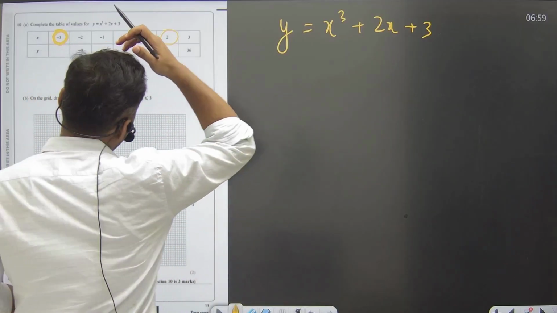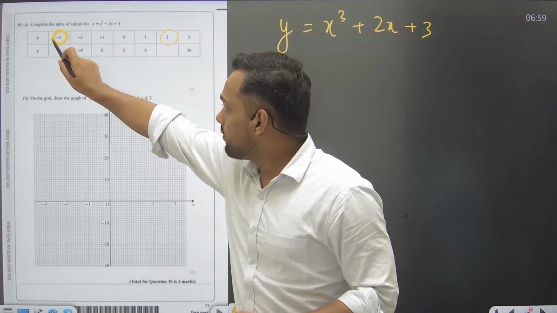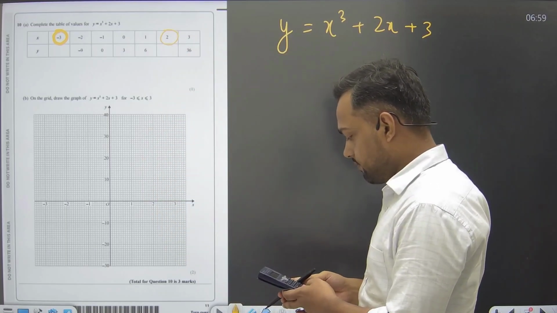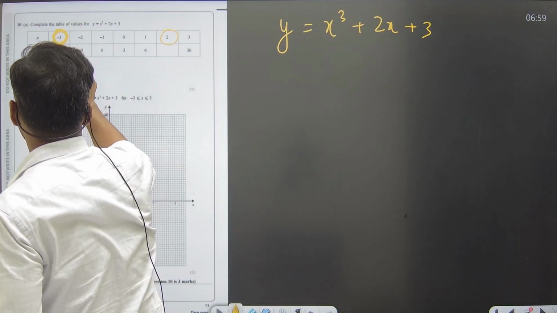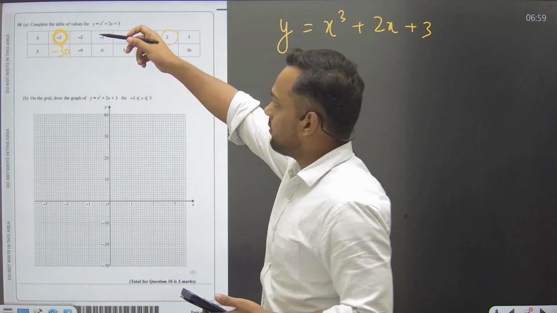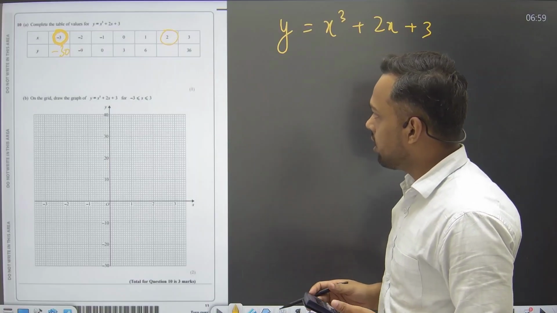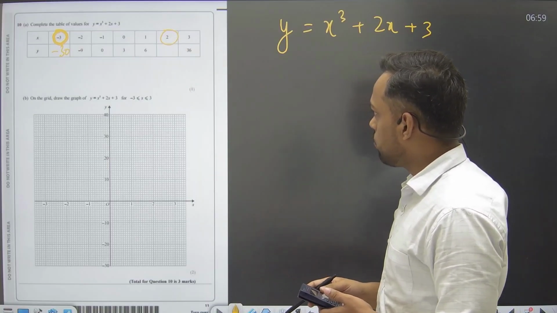Let's say our first blank is open here, so we plug in x equals minus 3 in this equation and you will get minus 30 as the value of y.